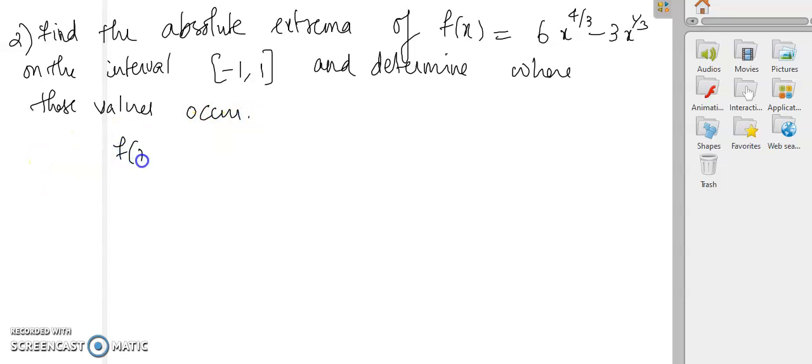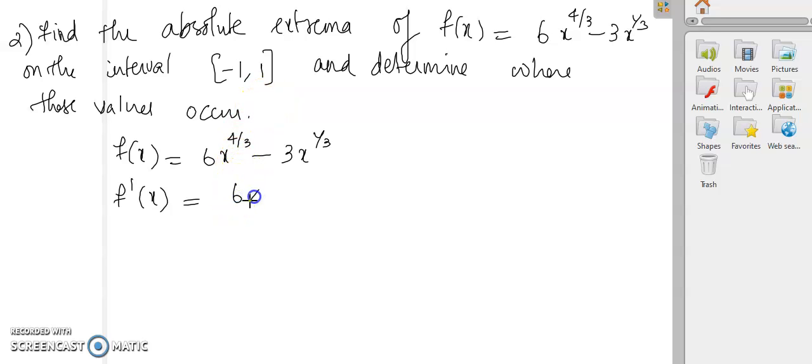So you have f(x) = 6x^(4/3) − 3x^(1/3). Our function is continuous in the given interval, and you have a finite interval also given, [−1, 1]. Let us find f′(x).